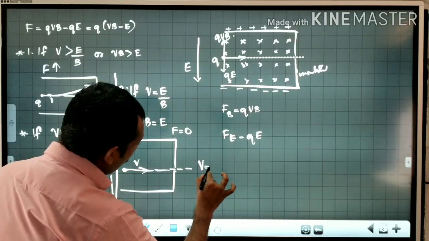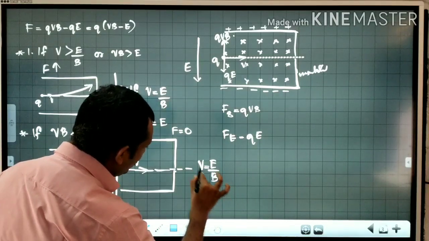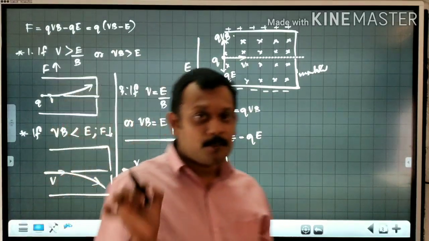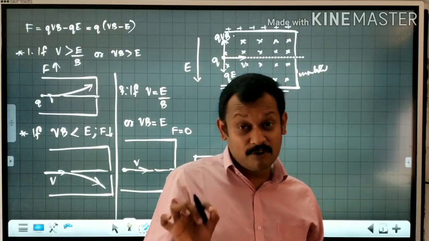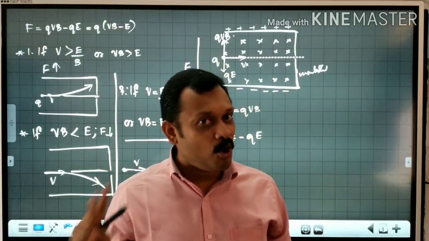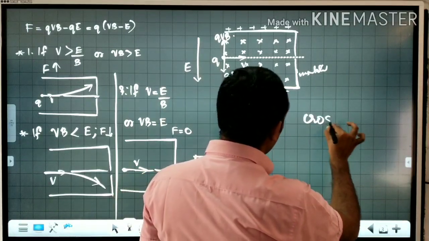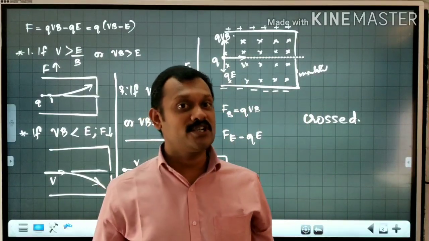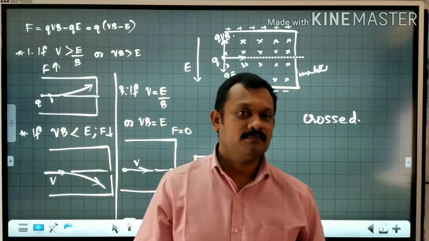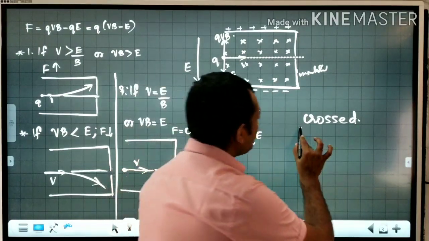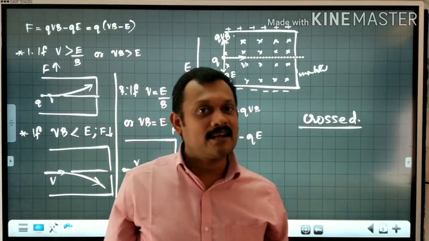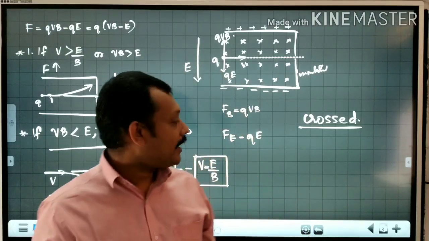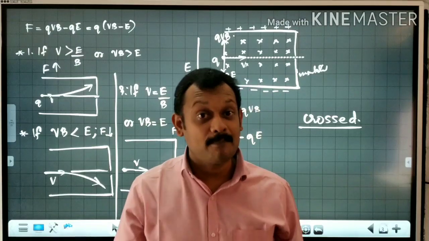So, the condition for velocity selector is V is equal to E by B. This is very, very important for a charged particle to pass through a combination of mutually perpendicular, otherwise we say crossed, electric and magnetic fields.